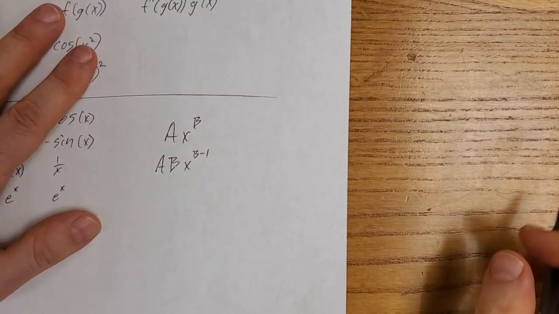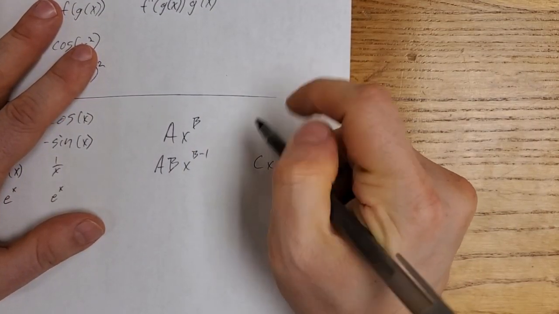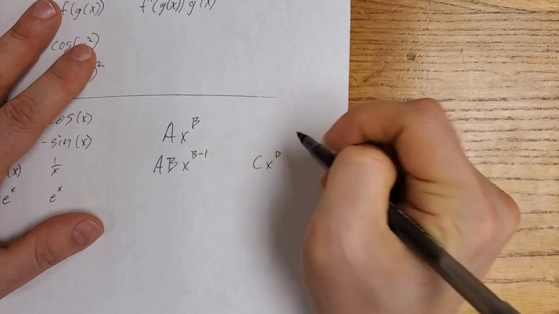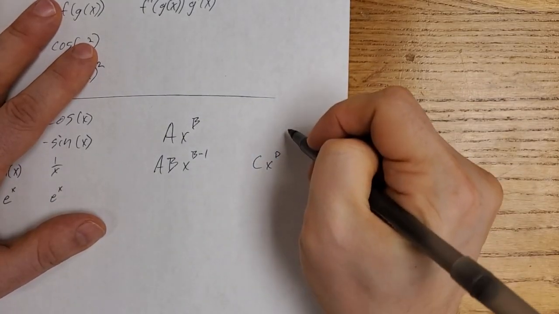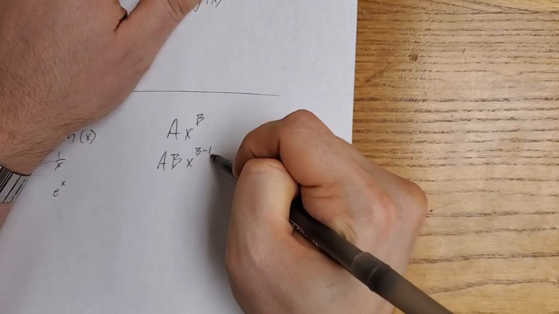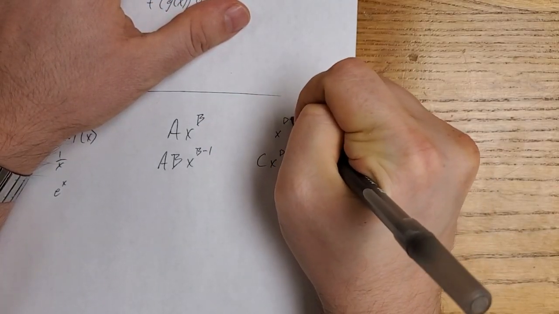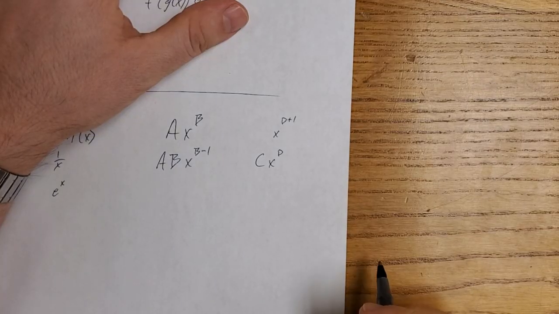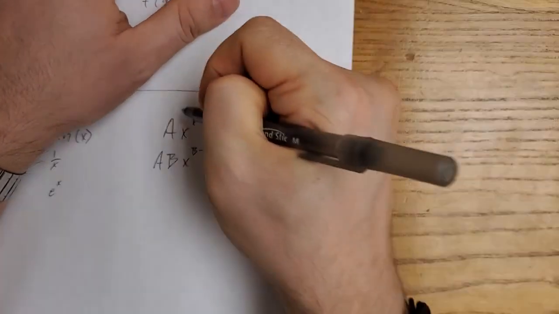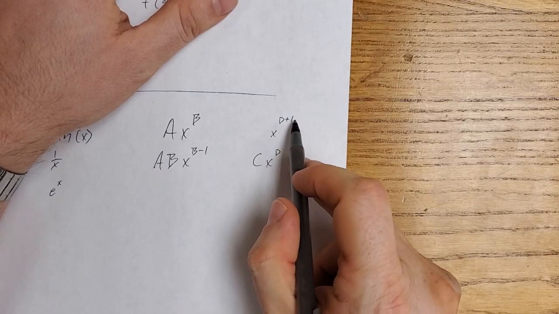So to go the other way, if we had a c times x to the power of d, if we want to integrate that, to go from here to here, we subtracted. So back the other way, we have to add. And to get from here to here, we brought that one out in front.